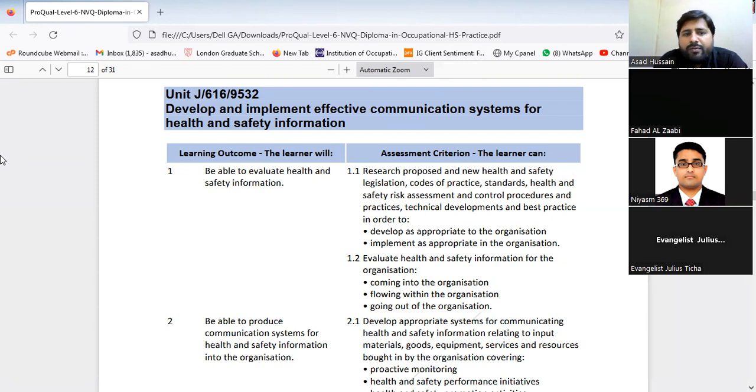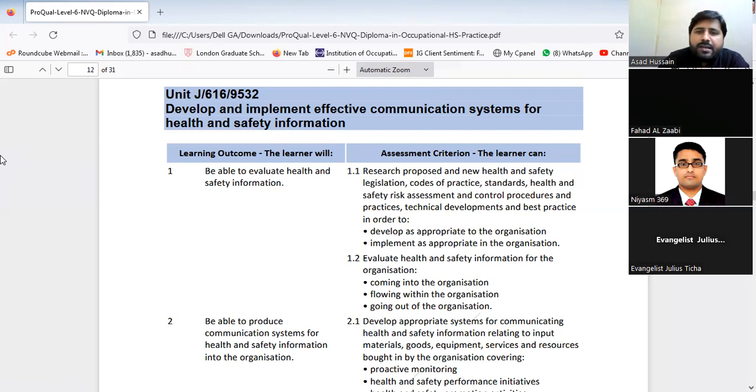That is, what type of information we have to include and what type of information we have to leave. And then how we can effectively develop and implement a communication system to interpret that information or to share that information.